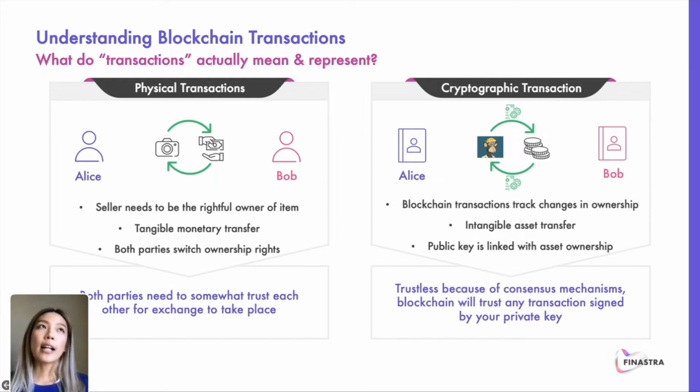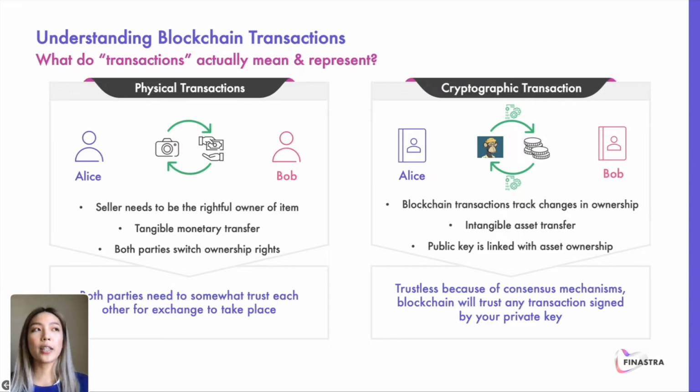Bob has to trust Alice that she is selling a camera that functions the way it's supposed to and that she's selling it with the correct ownership rights. If it wasn't actually her camera, and maybe if it was a stolen camera, then that could potentially create problems for Bob's ownership later. So we do see that there has to be some sort of trust between them.